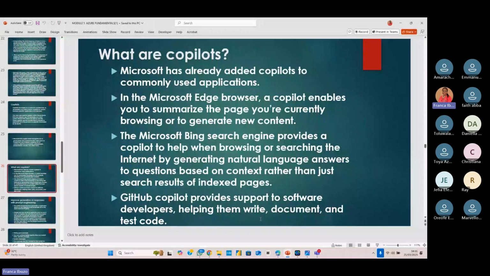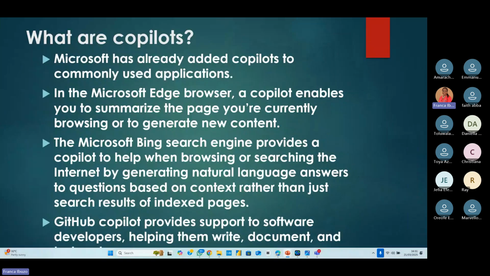In the Microsoft Edge browser, the co-pilot enables you to summarize the page you're currently browsing or to generate new content. If you put a prompt in the Microsoft Edge browser co-pilot, it generates content for you, just like your ChatGPT.